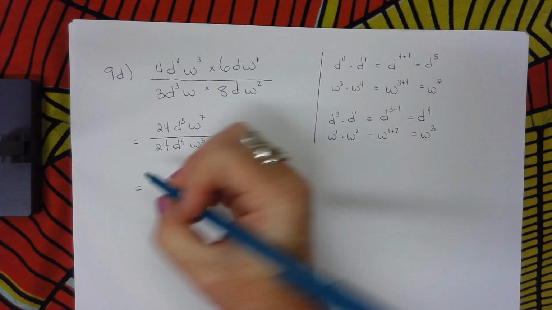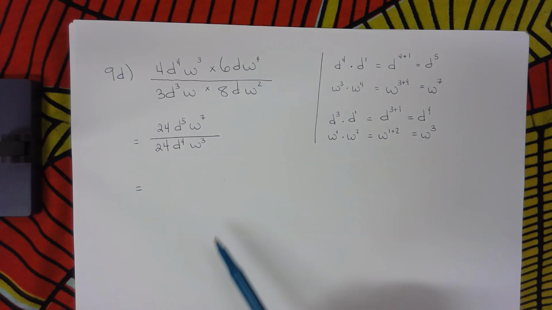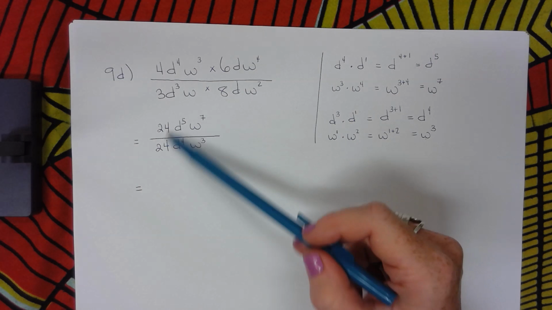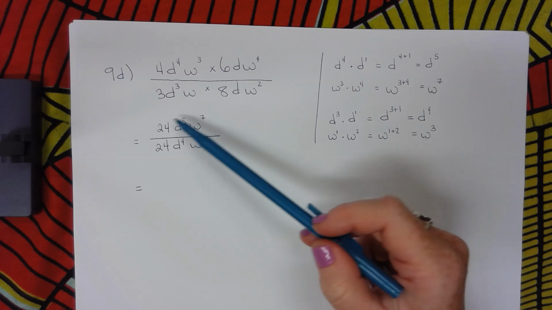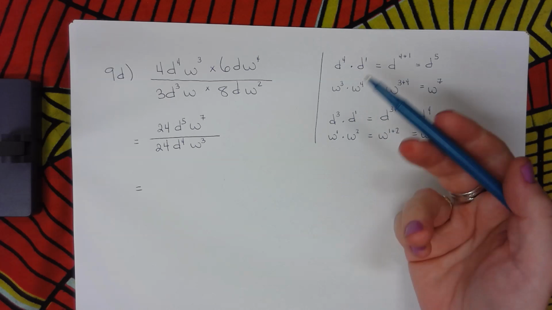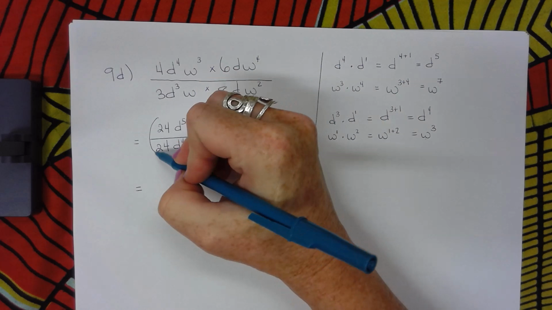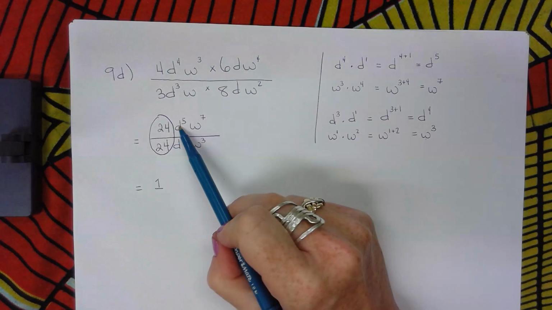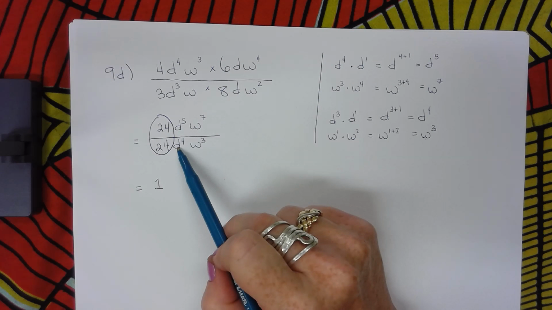So now that I have done that, the next thing I want to do is any division that I can. So in this case, I'm going to divide 24 by 24. When I do that, 24 divided by 24 is just going to be equal to 1. Then I'm going to divide d to the exponent 5 by d to the exponent 4.